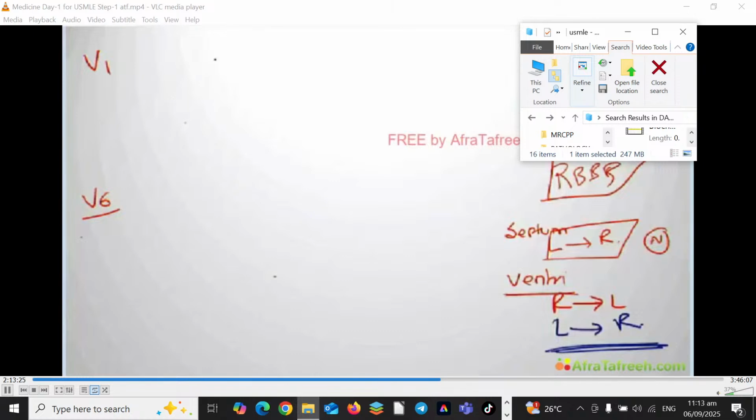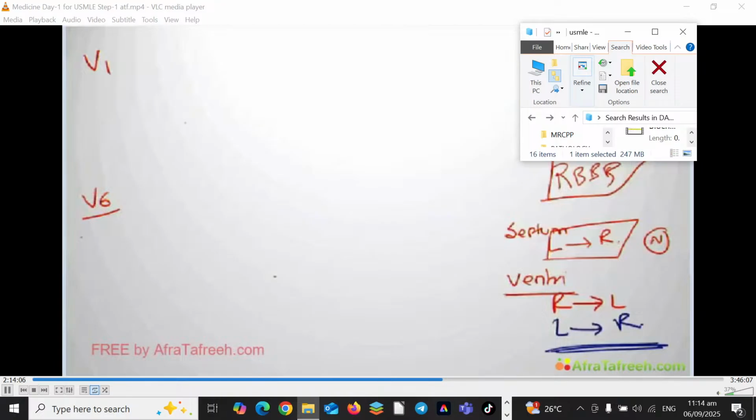So when you have a right bundle branch block, what this means is that the electricity has to flow from the left side to the right side. Is this clear? The electricity has to flow from the left side to the right side.